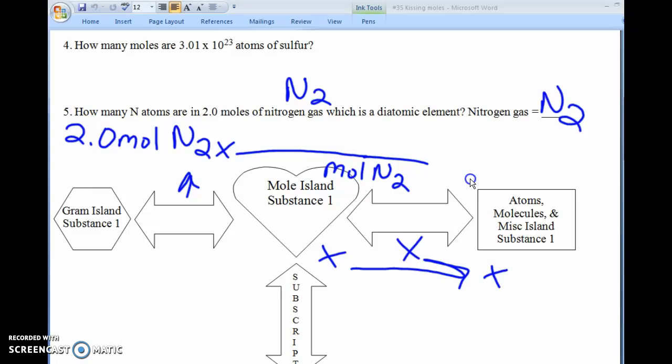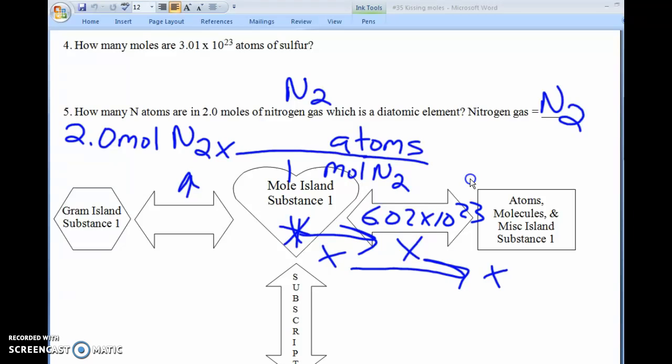So right now I am right here on Mole Island, and I am going to go across this bridge over to atoms and molecules. So I can go to atoms or molecule island, and in this case we are going to go with atoms. Okay. So in this problem, we have to use 6.02 times 10 to the 23rd.